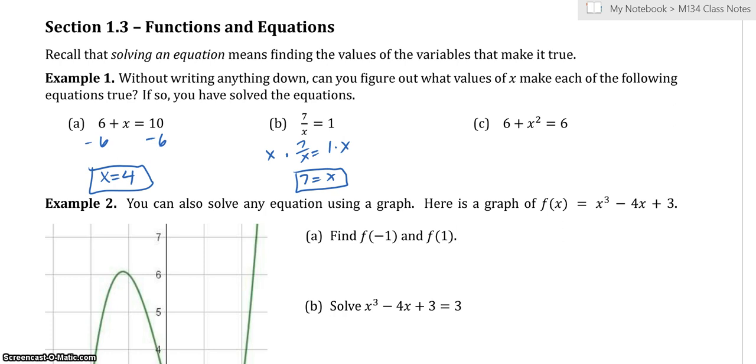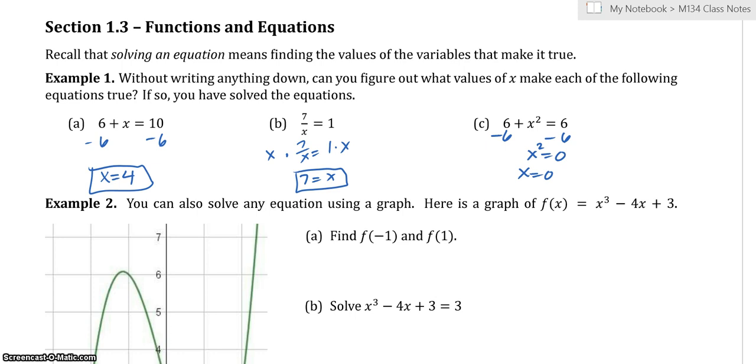6 plus what, squared, is 6? The answer is 0. And again, you can see that we have not learned this as well, but notice how you can figure that out by subtracting 6 on both sides, and we have looked at something like this. What squared is 0? Well, the answer is 0.